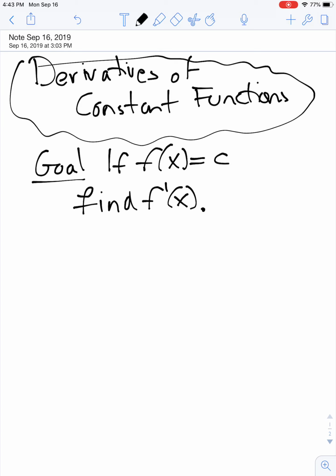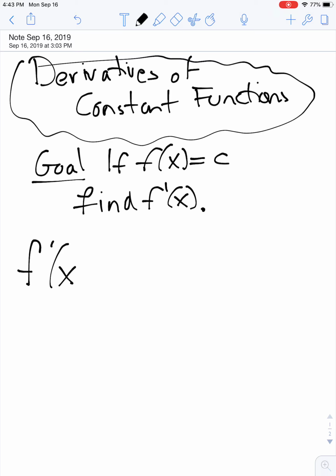So now, of course, we have this nice intuition, but this isn't a rigorous answer here. So anytime we ask you to do something, we want to do it using the limit definition before we develop the rules. So let's use the limit definition of the derivative to say that if f of x is a constant, so that means just a number, think 2 for instance, we want to find f prime of x. Our intuition is that this should be equal to 2.